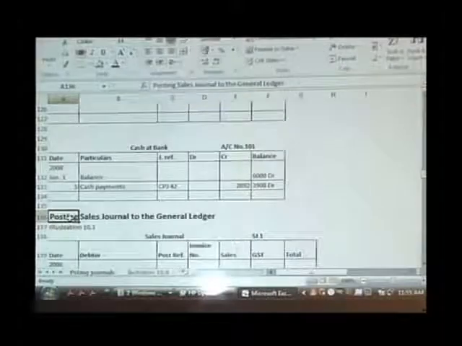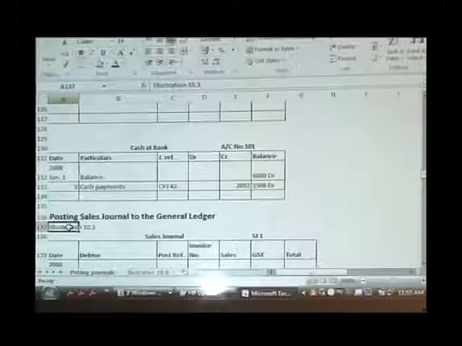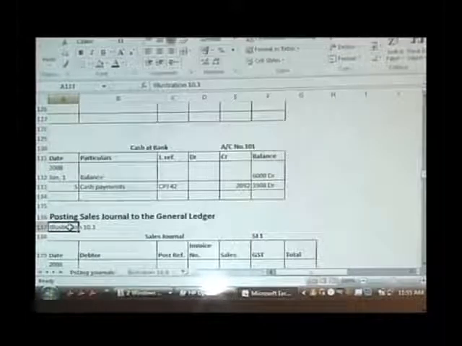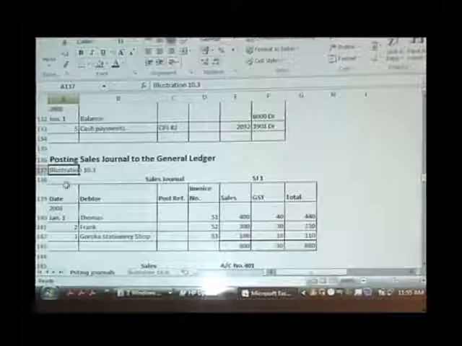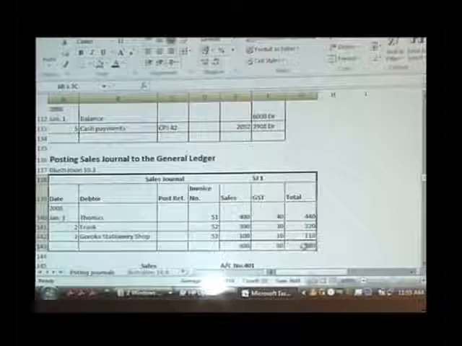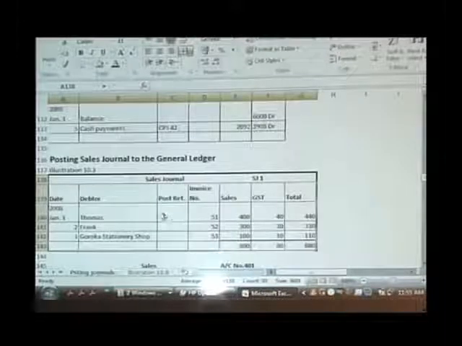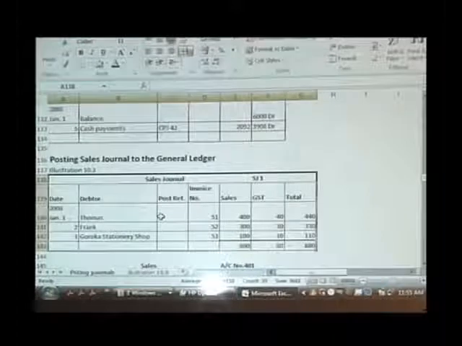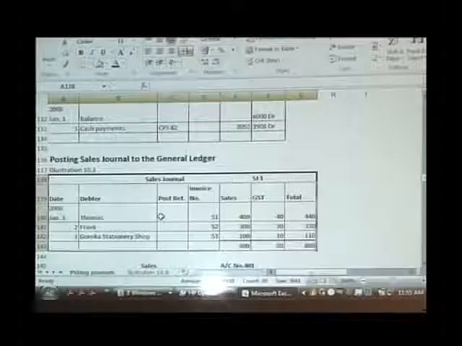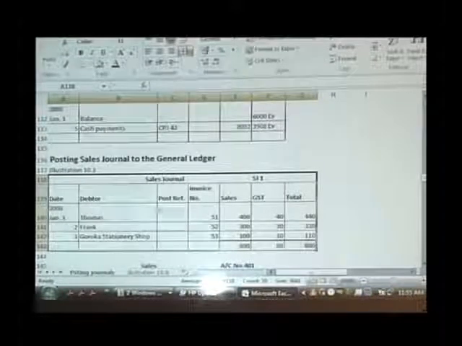And then we will move on to posting the sales journal to the general ledger. Turn to illustration 10.3. The journal is shown like this, and additional information shows the chart of accounts.